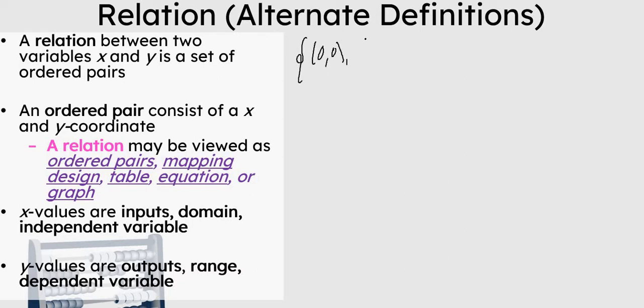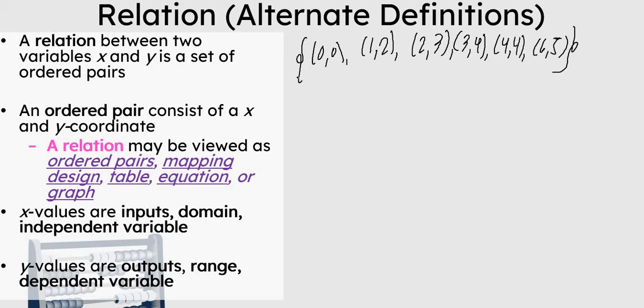Now, say for example, we have a set of ordered pairs like this: (0, 0), (1, 2), (2, 3), (3, 4), (4, 4), (6, 5). So, here we have what we call a relation. Why? Because this is a set of ordered pairs.